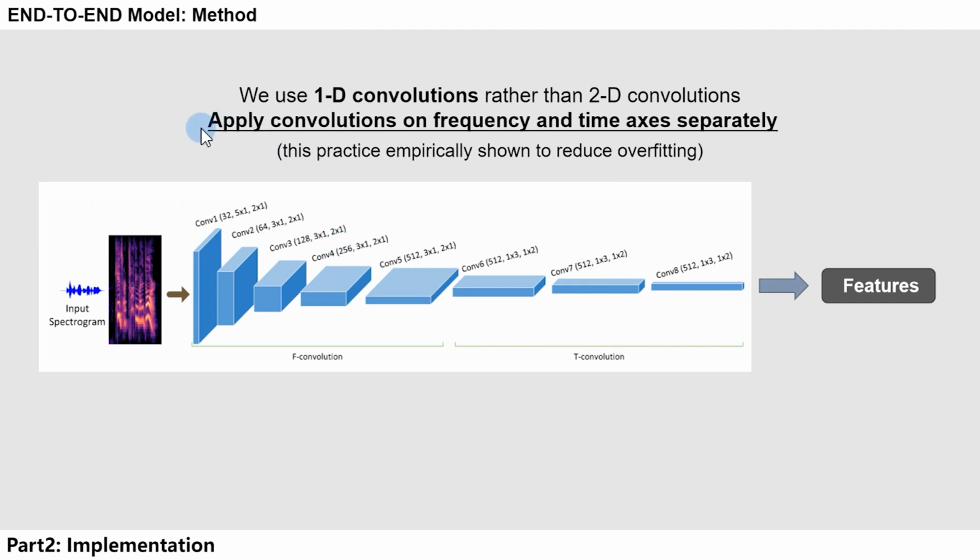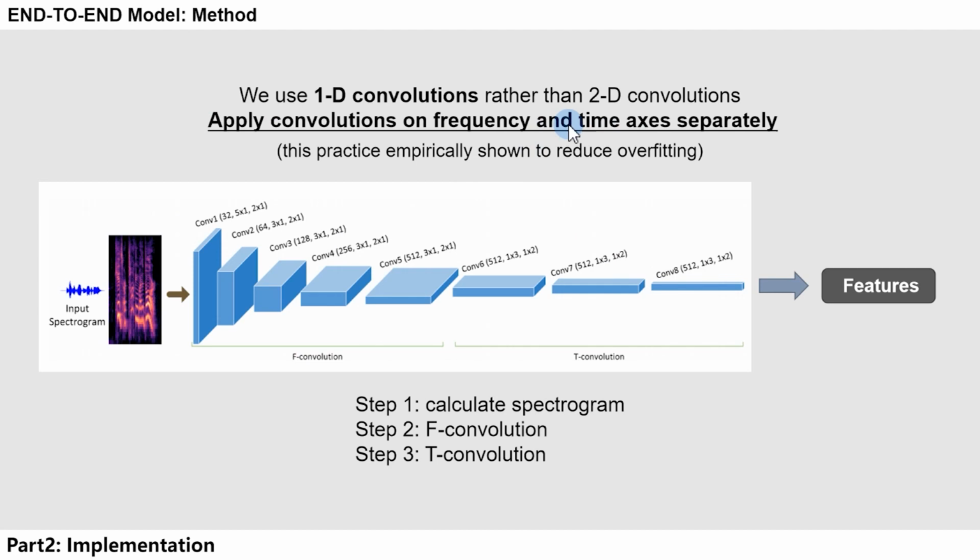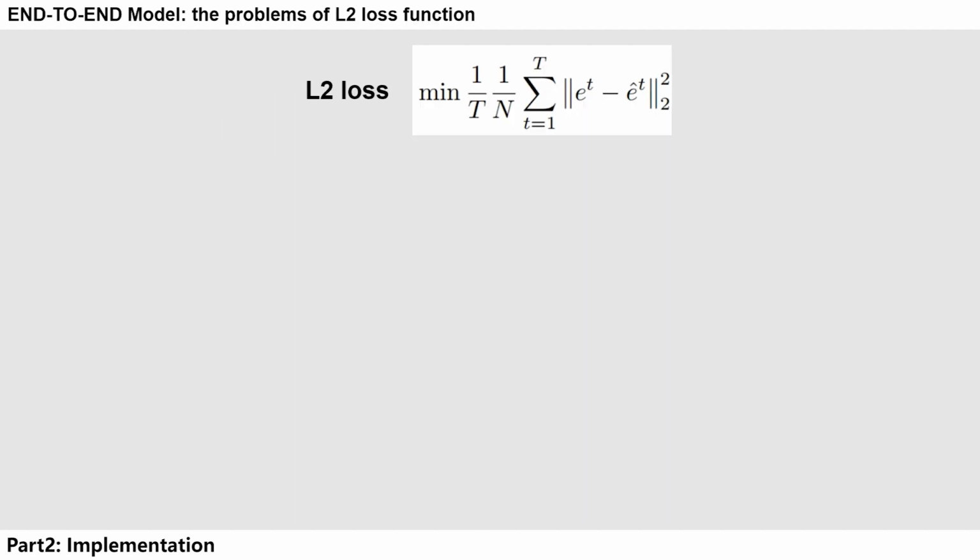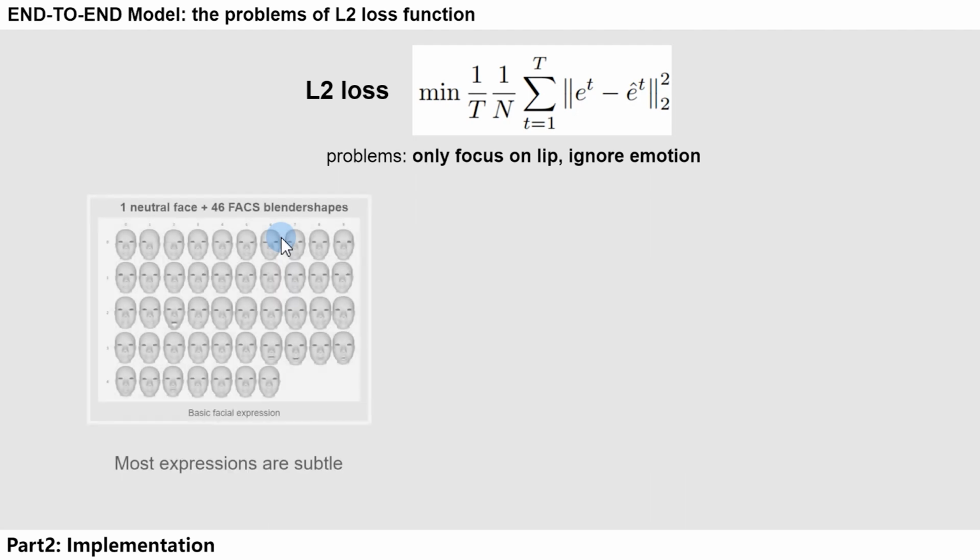First it applies convolution on the frequency level, and then it applies convolution on the time level. As for the loss function of this end-to-end model, we can also use the L2 loss function, but we found that if we use it, the model only focuses on lip and ignores other emotions.